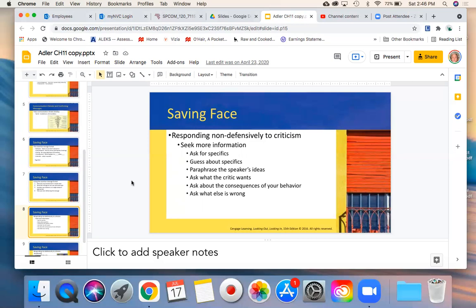Okay, so it starts on the bottom of page 367, responding non-defensively to criticism. And in the end, I would like just to start out by thinking about it this way. Do you really need to be right? Because when you're matching someone defensively, that's what you're both trying to do. You're in a match to try to be right.